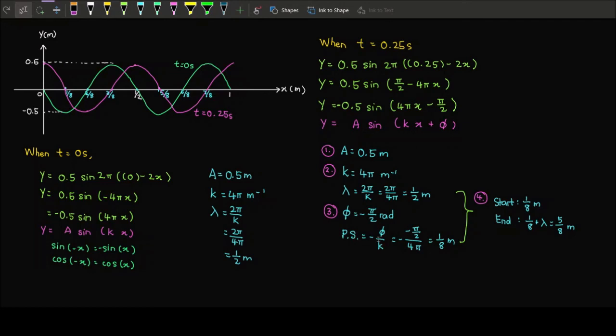Then you use this phase constant to determine the phase shift. How do you determine phase shift? Negative phase constant divided by what's in front of your x or your t, either a k or an omega. Calculate this. If it's positive, you shift your graph from the origin this much to the right. If it's a negative value, you shift from the origin this much to the left. Just like positive right, negative left.